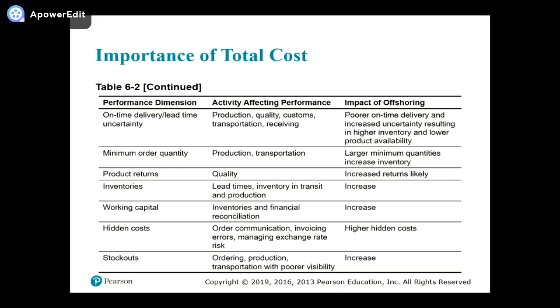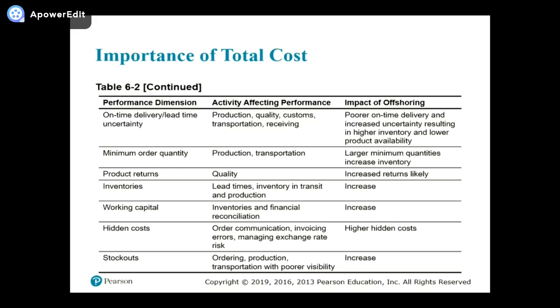In terms of on-time delivery, since lead time is higher and risk is higher, on-time delivery performance is poorer as we offshore more. And the minimum order quantity becomes higher because of the long distance travel; we need to exploit the economy of scale in transportation.